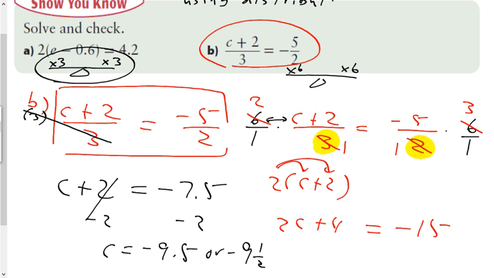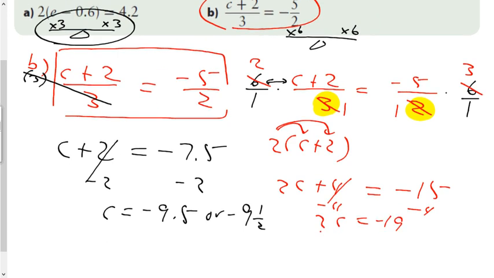All I did was multiply both sides by a common multiple of the denominators 3 and 2, and it was 6. And by doing so and cross-reducing, I ended up with a grade 8 simple question. Subtract 4 from both sides. 2c equals negative 19. Divide both sides by 2, sorry. And c equals negative 9.5, which is the same answer I got over here. Let's try a different one.